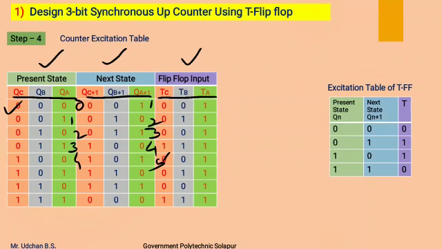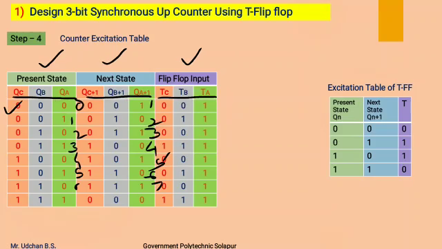Now present state is 5, its next state will be 6, which is written as 110. Present state is 6, its next state will be 7, which is denoted as 111.